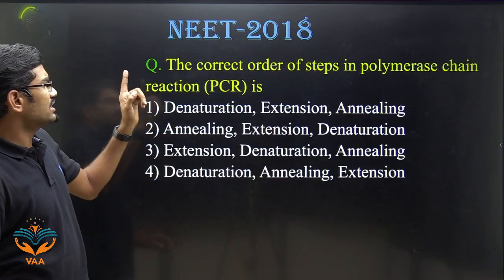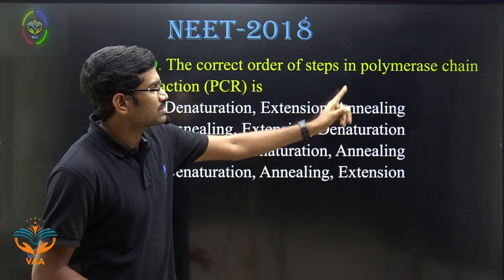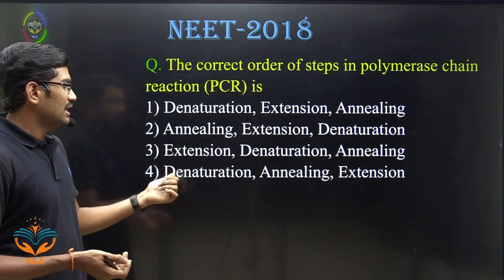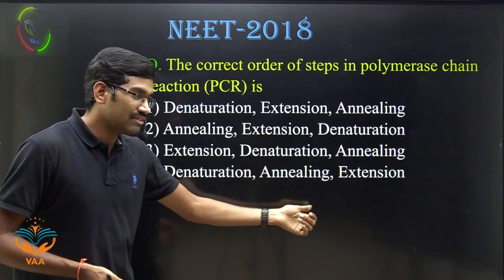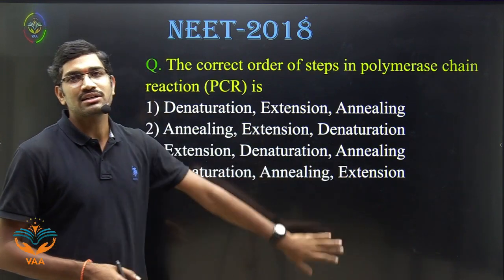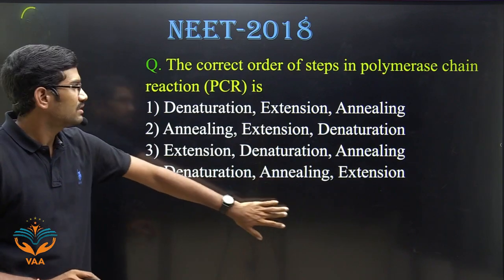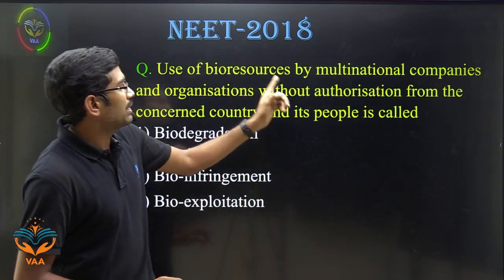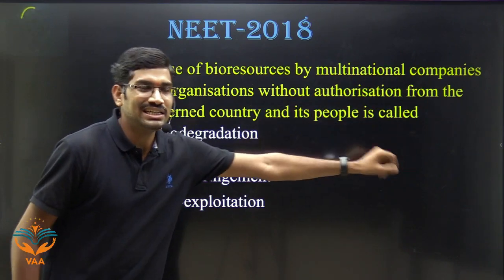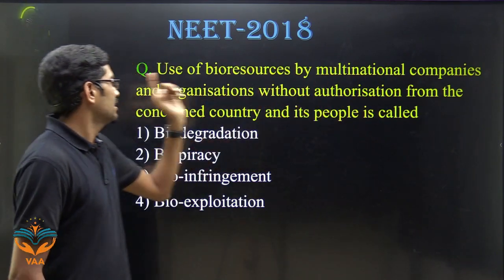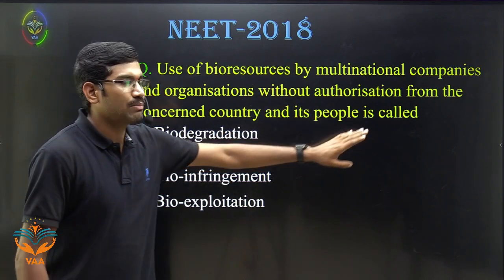Okay. Next one. The correct order of steps in polymerase chain reaction is, what is the sequence of steps? Denaturation, then annealing will occur, and then extension will occur. So the answer is option 4. Okay. Next one. Use of bioresources by multinational companies and organizations without authorization from the concerned country and its people is called as.